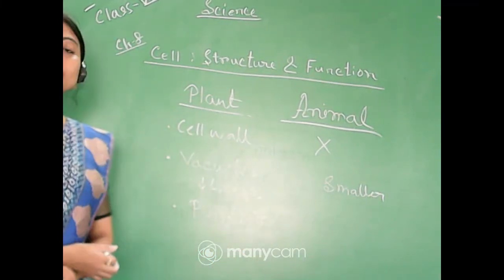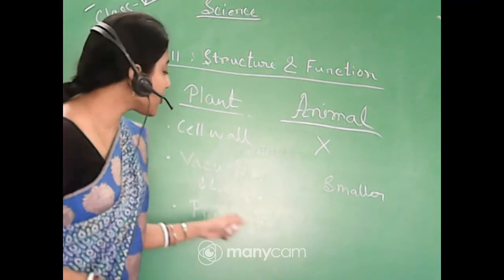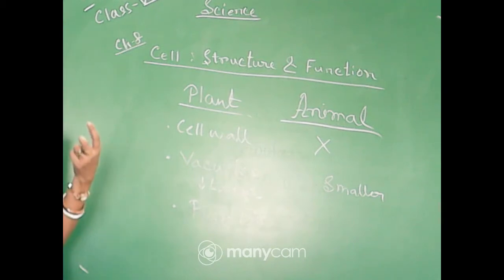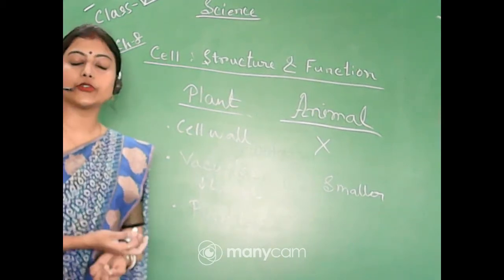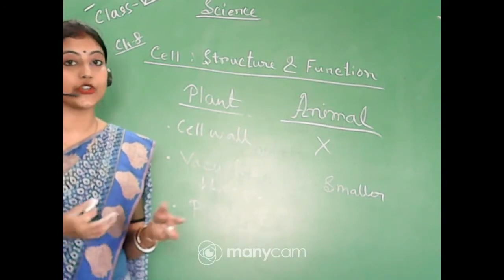The green colored plastids are known as chloroplasts, and they possess the chlorophylls. That's why we have all seen that the color of leaves is green.